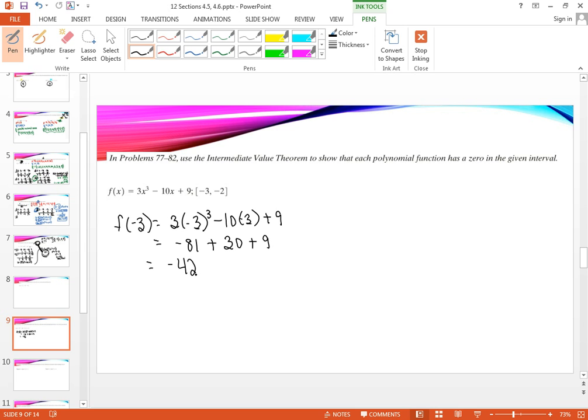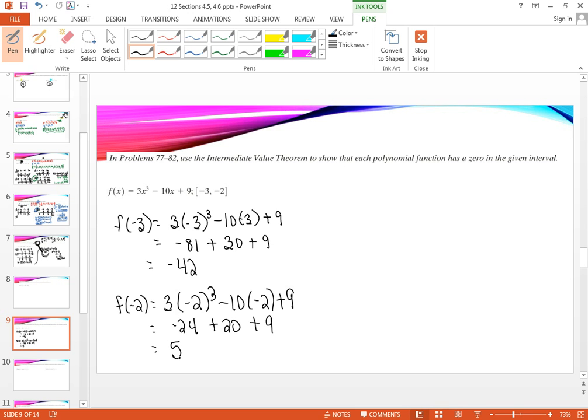Plug in −2. So 3 times (−2) cubed minus 10 times (−2) plus 9. That's −24 plus 20 plus 9. That's 5.